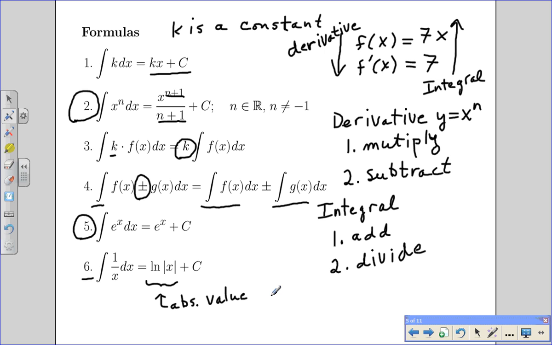Then, no matter what we put in there, it's always going to be positive. And I'm going to make a note of that. Can't take a log of a negative number.